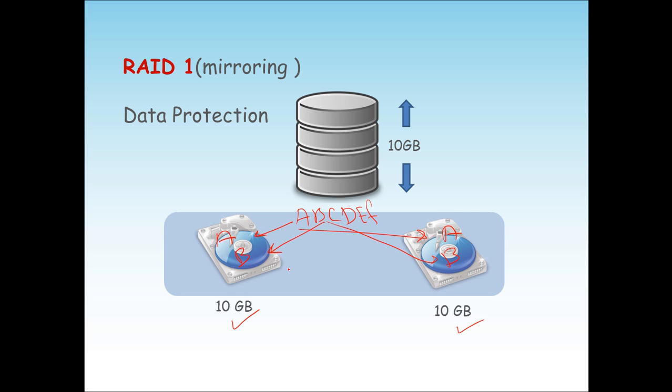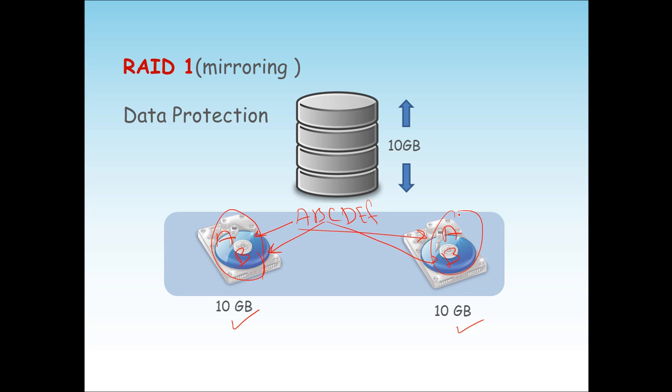So each of these drives actually contains all of your data. You might get a slight boost when you are reading from the drives, but in terms of writing data to the drives, since it has to be done to both of them individually at the same time, it works exactly the same as a single drive.